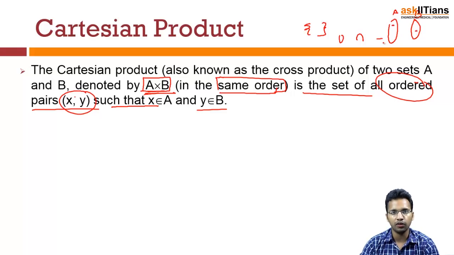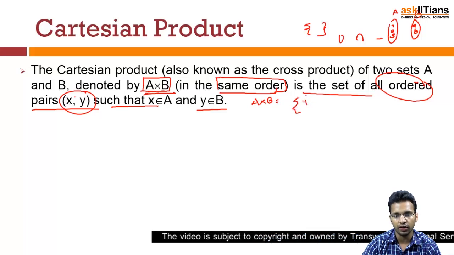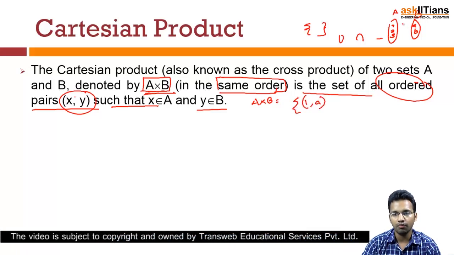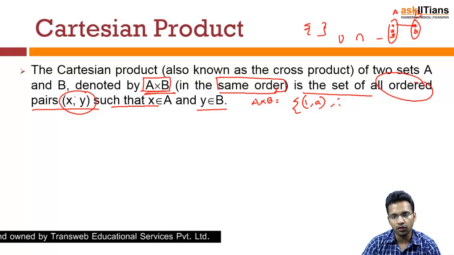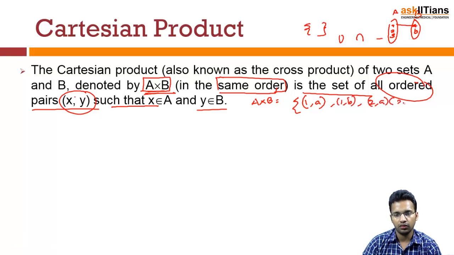So all the possible combinations: suppose here it is 1, 2, 3, and here A and B. So I write A cross B as: with 1 I can match A, with 1 I can also match B, with 2 similarly, and remember these are all different elements.